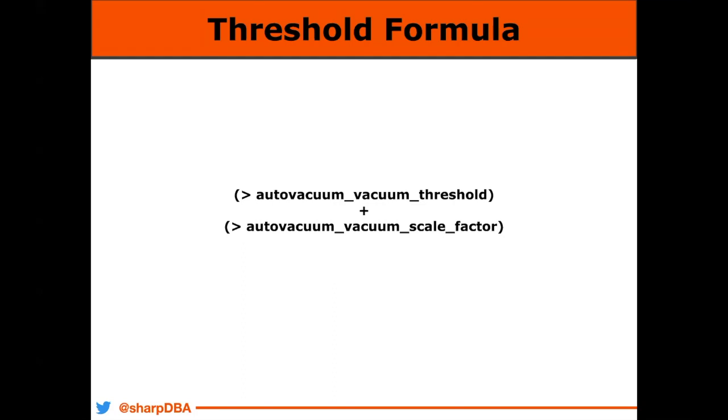But when those numbers are met or exceeded and your other throttle limits on autovacuum have been satisfied, then as long as the row activity or table activity is greater than these, you're good.